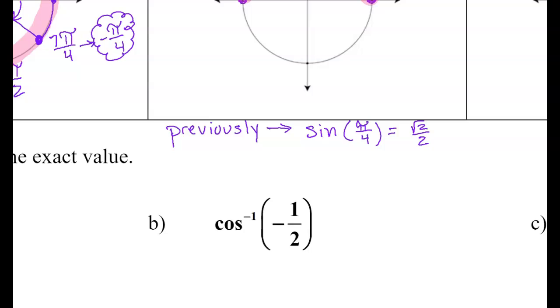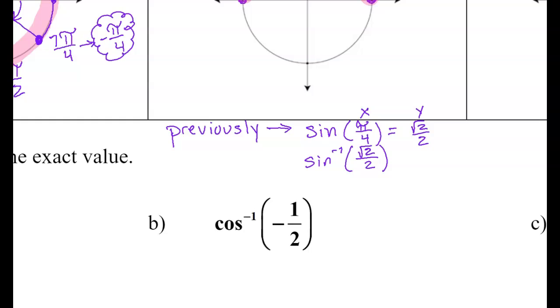Now we're doing the exact opposite. This is our x value and this is our y value. We're switching them. So if I'm trying to find the inverse, I'm taking the previous y value, and it's now my x value. So now we're looking at our unit circle for square root of 2 over 2 as the y value.